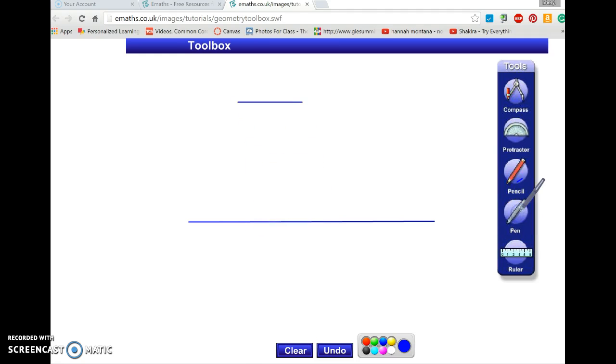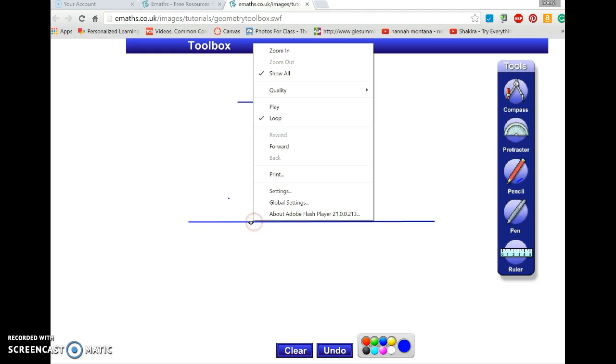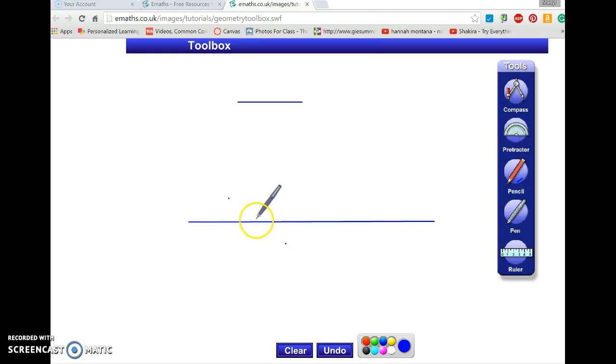We start by creating a starting point. Not sure why I have so much trouble with this. I'll just do it that way. Okay, there's my starting point. Go back to my compass. Make it the right length, place it here, and I'm going to make a little arc.